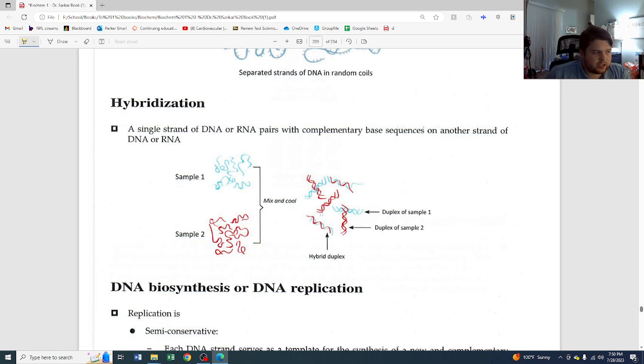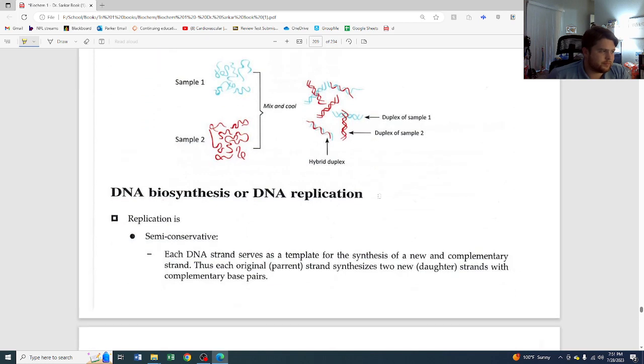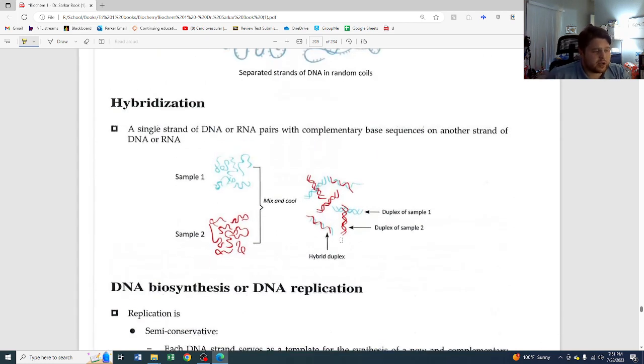As they cool, they can end up combining and recombining in different orders and matching with different original strands with complementary base sequences, which gives you different types of strands. And it's called hybridization. Or actually, strands with DNA or RNA from two separate sources that are then combined.